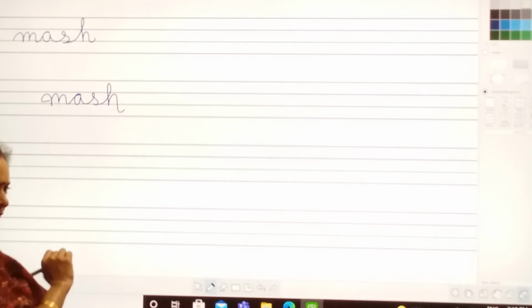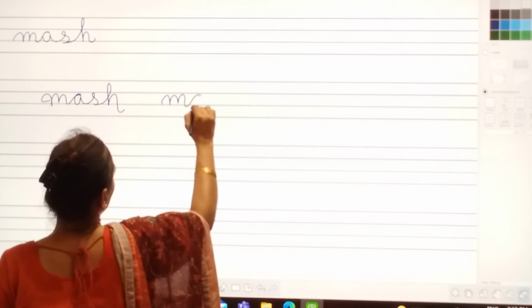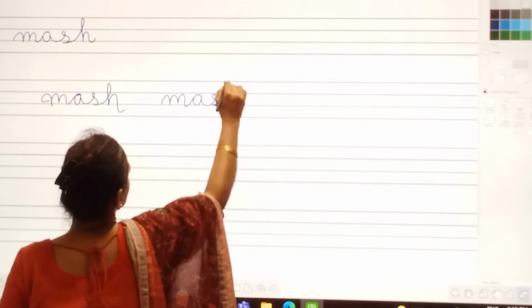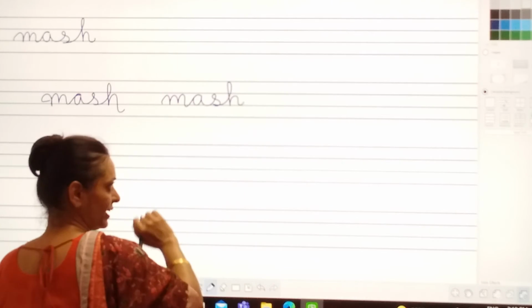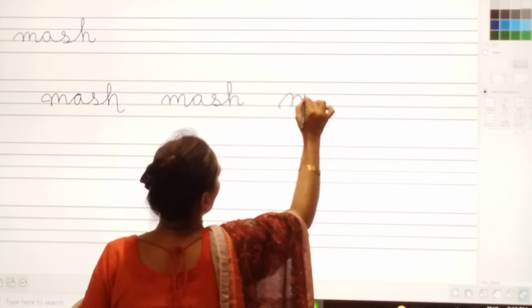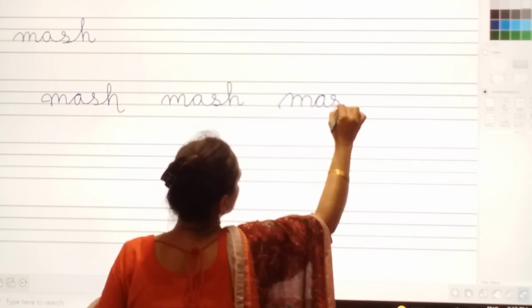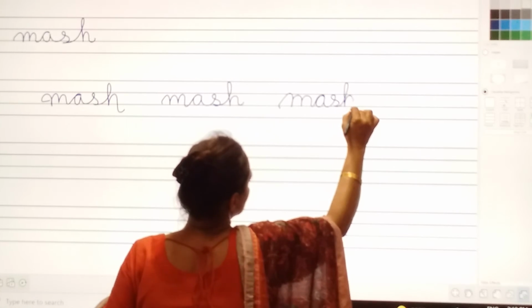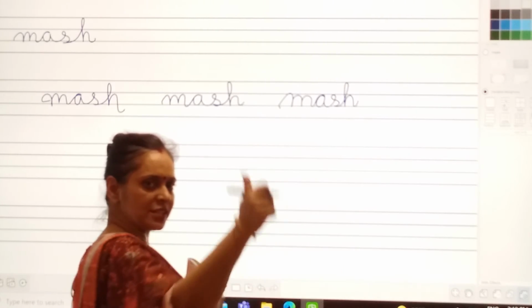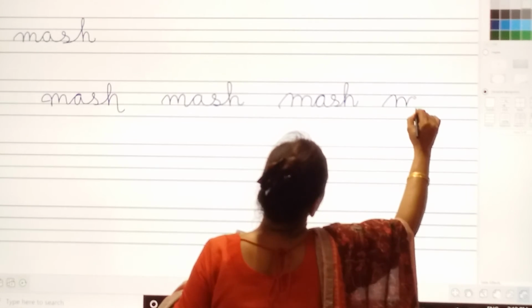Is this correct? No, na? M-A-S-H. Once again, yes. M. Start with M, A, S and H. Okay. So this is the correct formation. Once again.